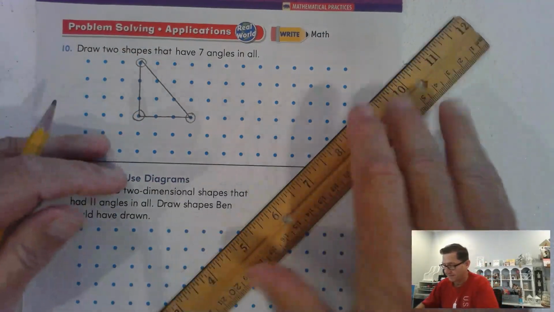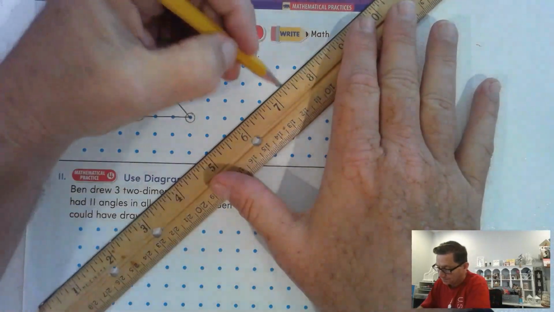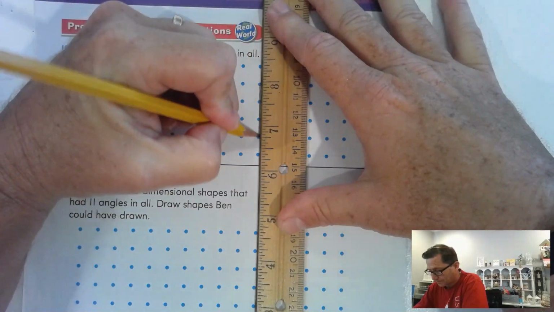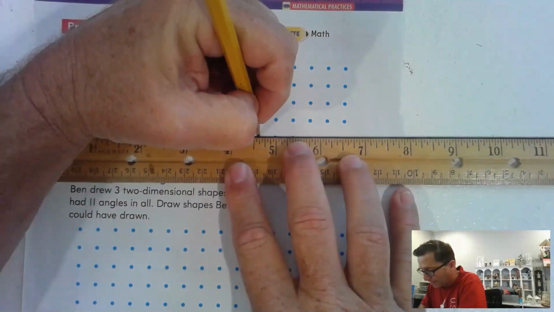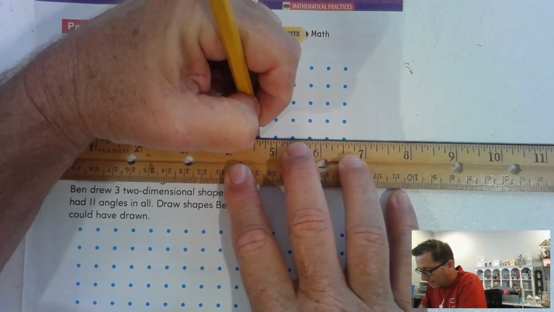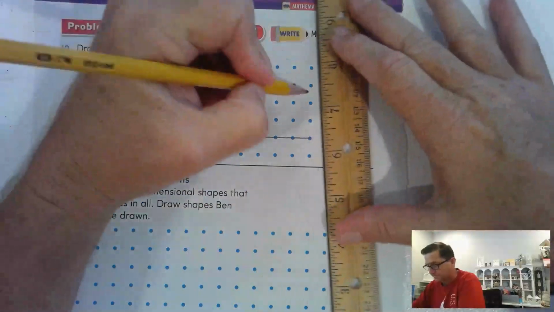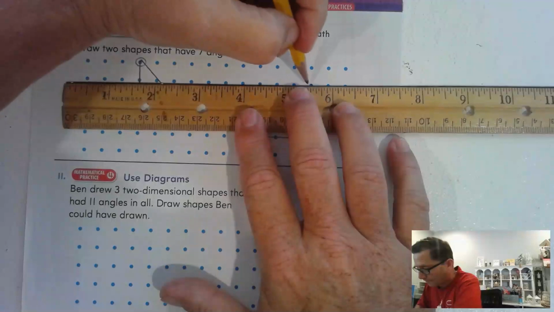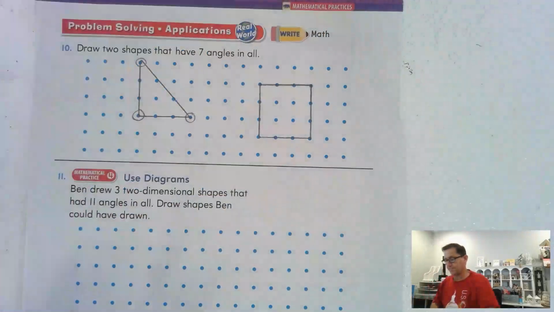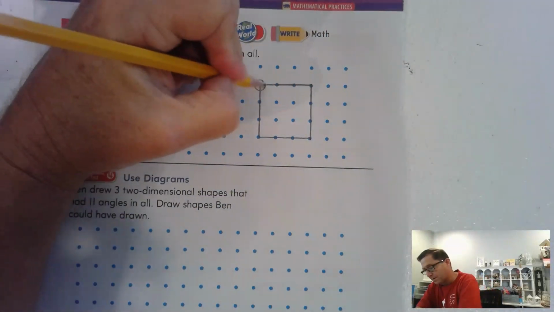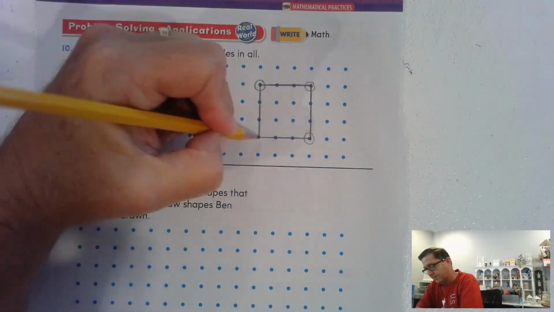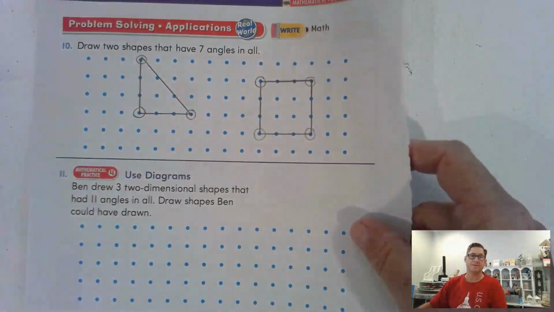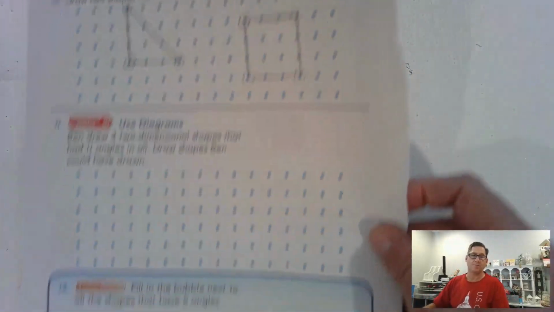So I need a 4-sided figure. 1, 2, 3, 4. Okay, so I have 7 angles in all.